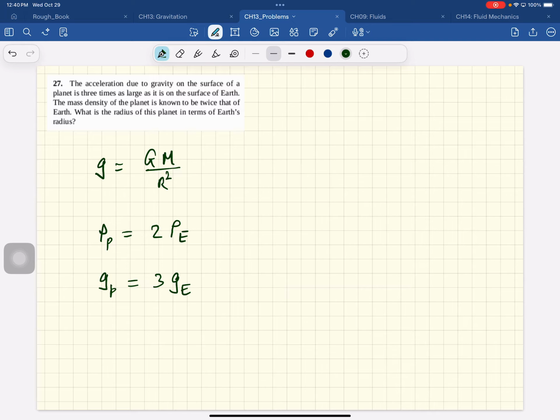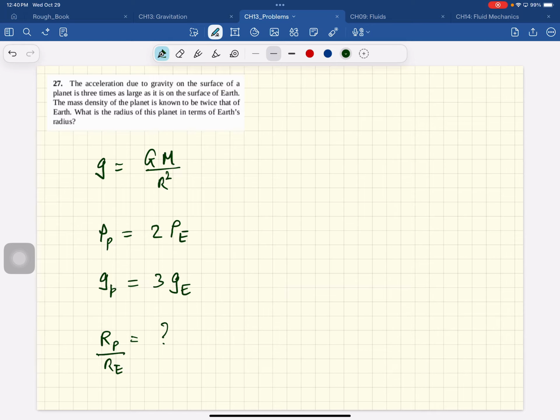And what is it that they want us to find? What is the radius of this planet in terms of Earth radius? So they want us to find the radius of the planet divided by the radius of the Earth. They want us to find what is this number.